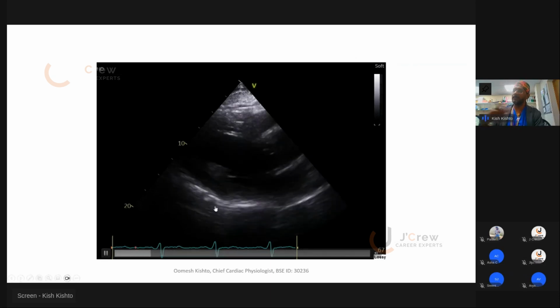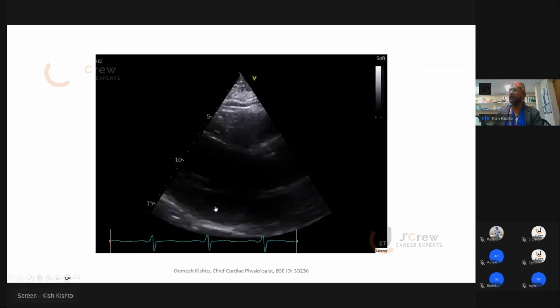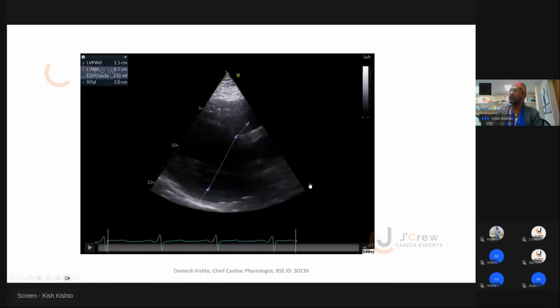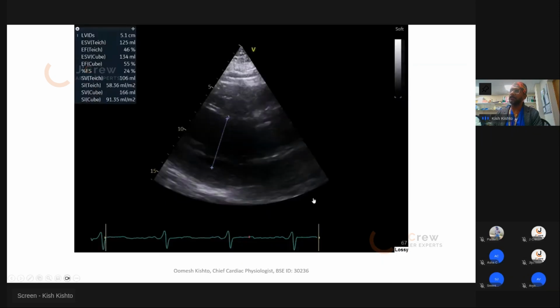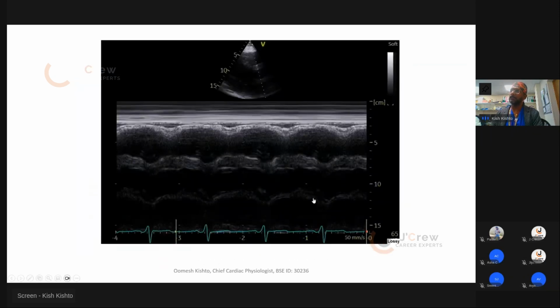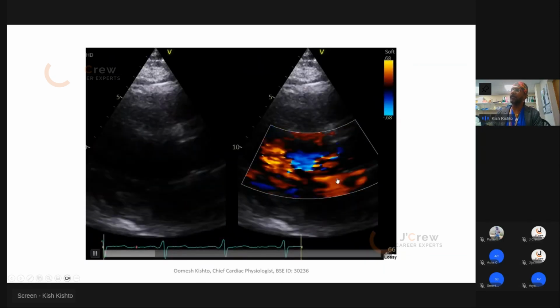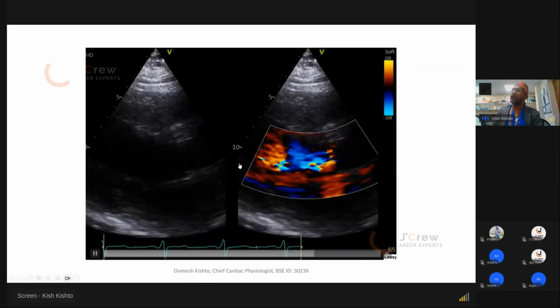So again, standard images I will take and measure the cavity, and that's the M mode, and now we can see a bit of the AR.